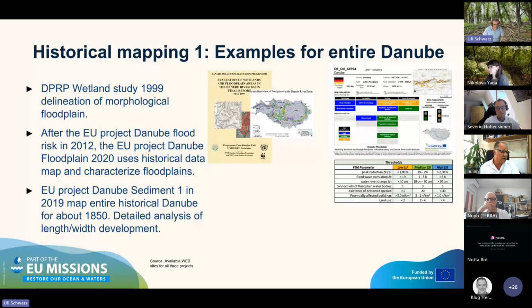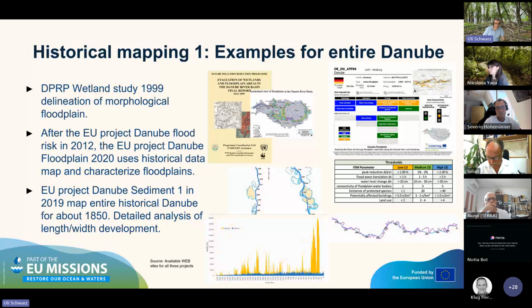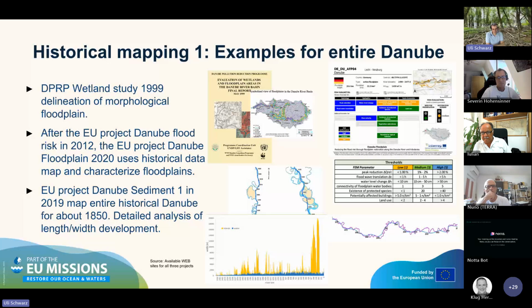The third issue regarding the entire Danube, and now we are coming much more back to historical data and information, was the Danube Sediment 1 project. You know that we actually have the second phase of this Danube sediment project, and so we mapped the entire Danube.